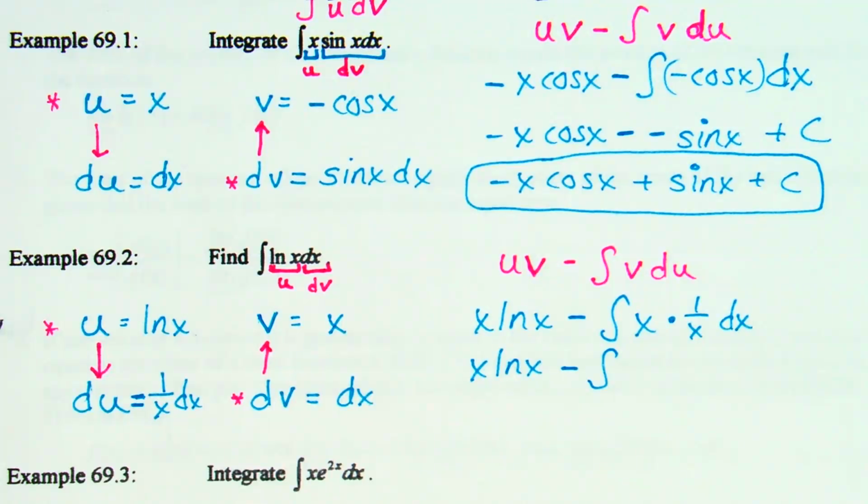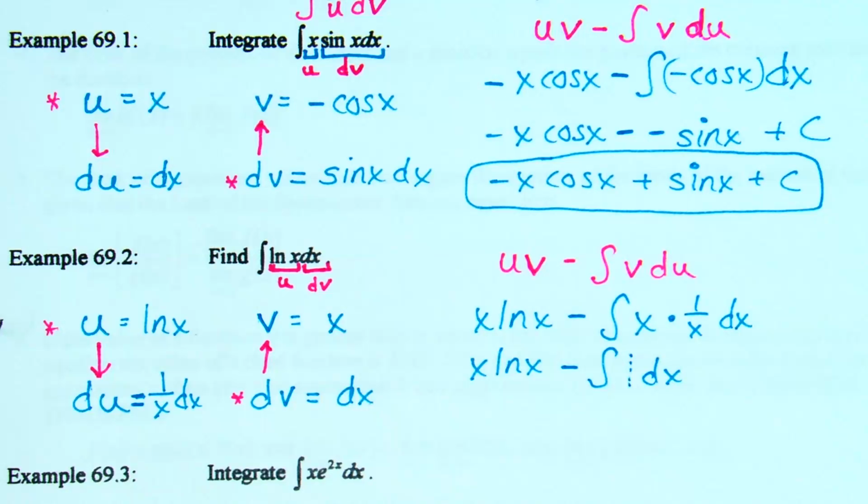What is x times 1 over x? Just the dx. Or if you want, you could think of it as 1 dx, right? Because x times 1 over x is just 1. So now, what is the integral of that dx?